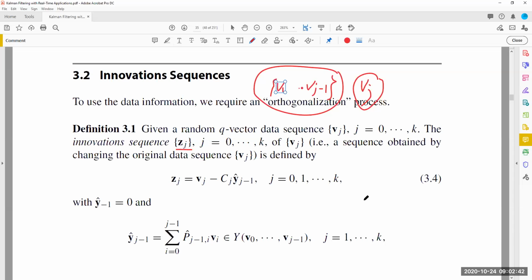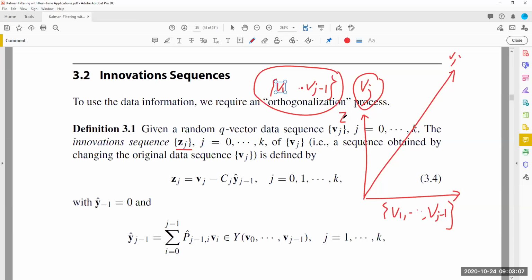If I draw a graph, suppose this is Vj. So if we decompose Vj onto this space, the space spanned by all V1 until Vj minus 1, then this vector is Zj.